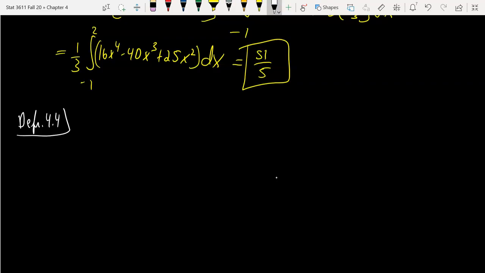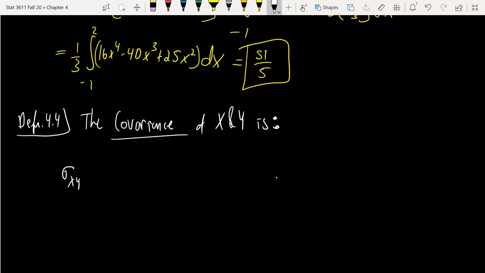What we can talk about, we actually don't use the word variance, but we will introduce the idea of covariance of random variables. The covariance of random variables x and y is defined to be the following.